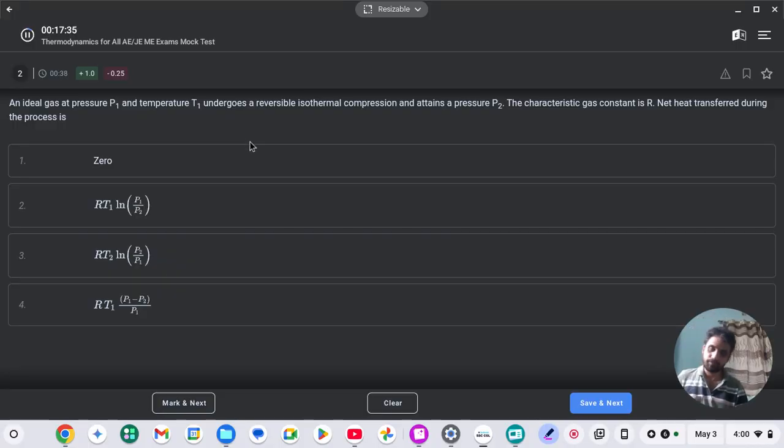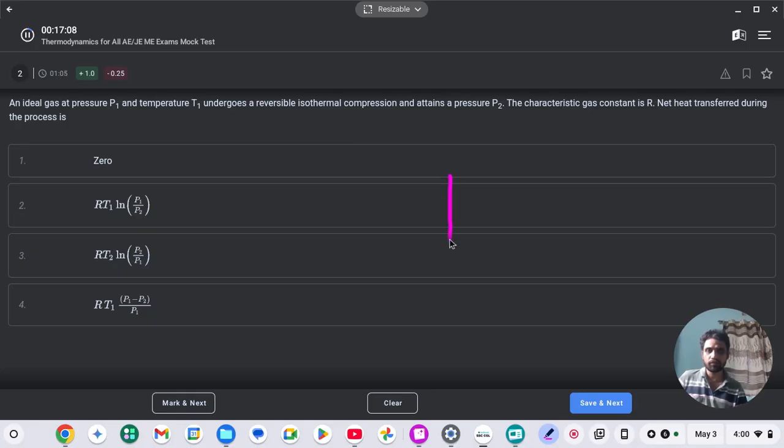During the isothermal process, we know temperature remains constant and pressure is changing from P1 to P2. At every point of time, the system behaves as quasi-static, as if the system is at rest.